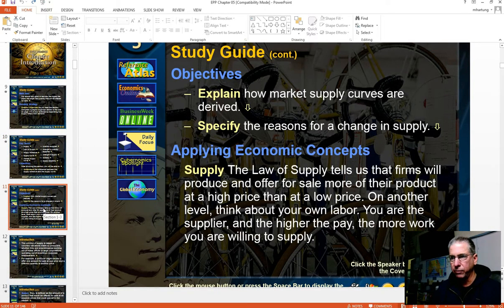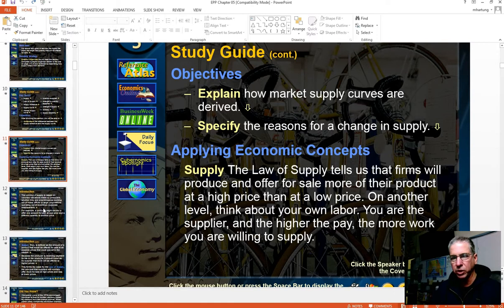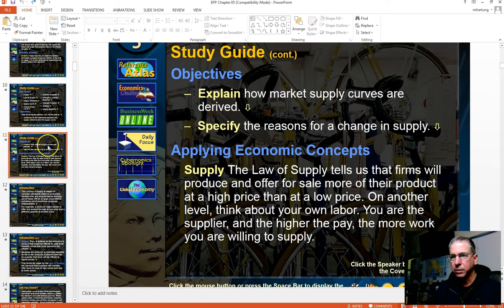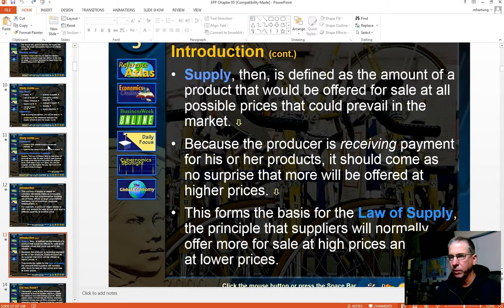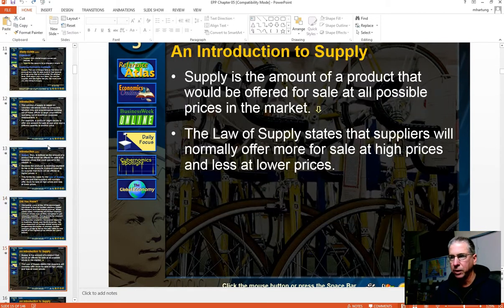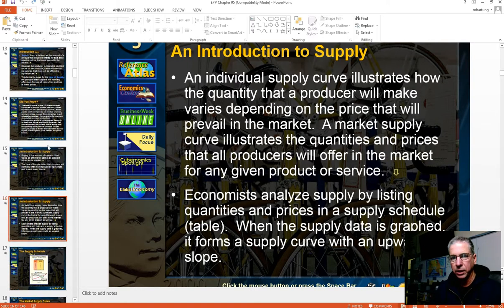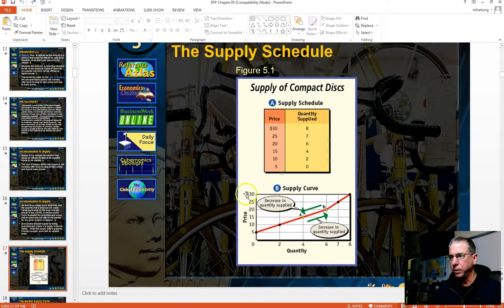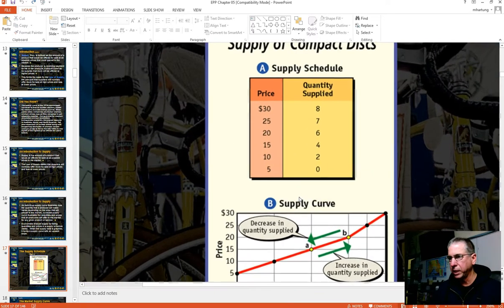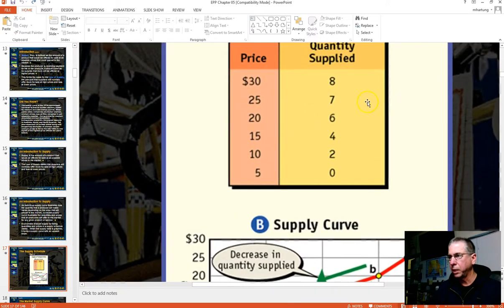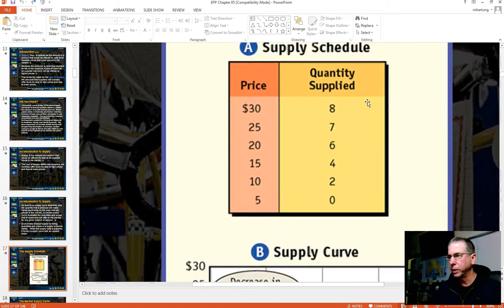We'll take our time and get through it. So let's start off with here, nice introduction, and take a look at the supply schedule and the supply curve, and maybe a little compare and contrast with what we covered in Chapter 4 on demand. All right. So here we have a supply schedule and a supply curve, but let's start with the schedule here.